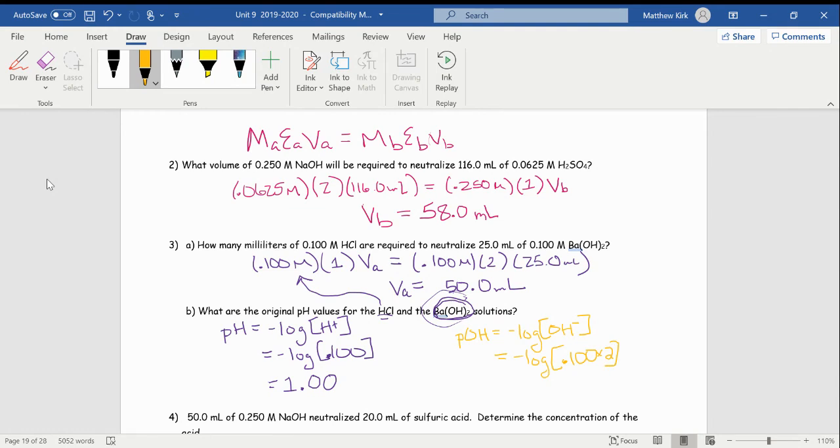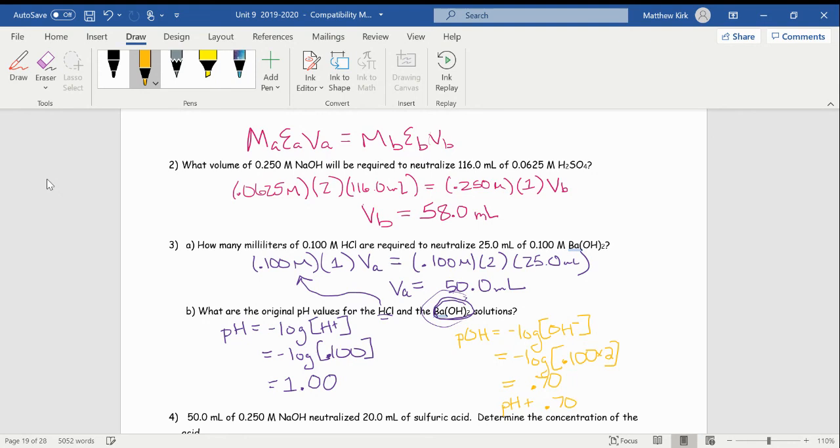So we'd have to actually do the negative log of 0.1 times 2. So again, if there's a subscript there and we're trying to get pH or pOH, we have to multiply the concentration by that subscript. So we wind up with our pOH as being 0.70.